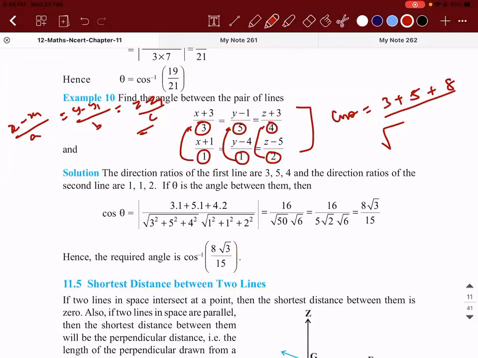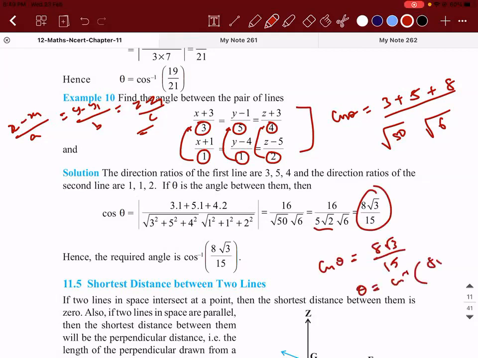So root 50 into root of 1 square plus 1 square plus 2 square, that is 1 plus 1 plus 4, root 6. So that 50 you can write as 5 root 2 and all those things. Then you will get cos theta equal to 8 root 3 divided by 15, and theta will be equal to cos inverse of 8 root 3 divided by 15.